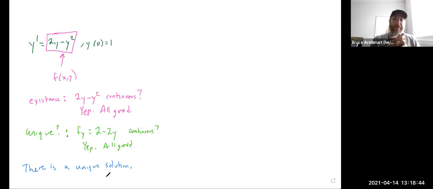Your open rectangle can be as large as you want, and for all intents and purposes could go to plus or minus infinity. But the theorem doesn't say that the solution will exist over that entire rectangle. It just says that somewhere in that rectangle you can build an interval around it. So we have to be careful. Just because you could have an infinitely large rectangle doesn't mean the actual solution has an interval from minus infinity to infinity.